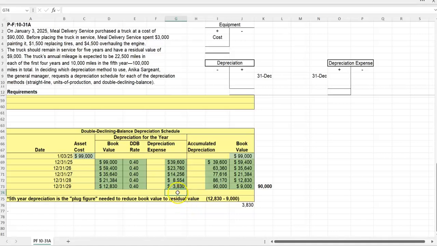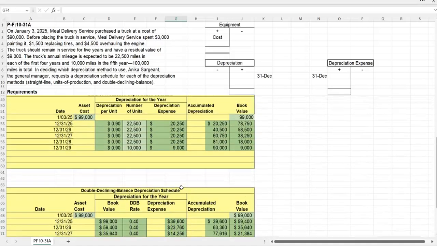You'll notice that double declining balance is an accelerated depreciation. We take more depreciation in the first year, then the second year goes down, then the third year, so it's a declining balance, okay? So our depreciation expense is declining over the 5 years.